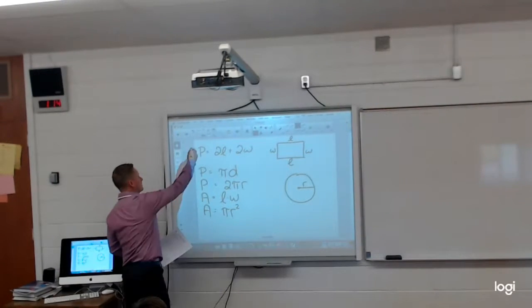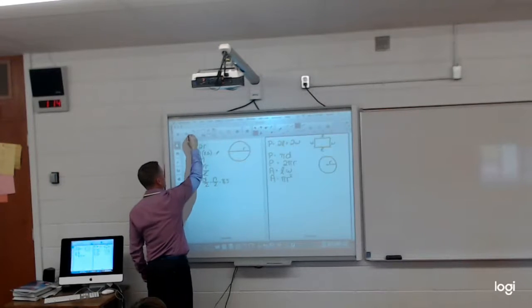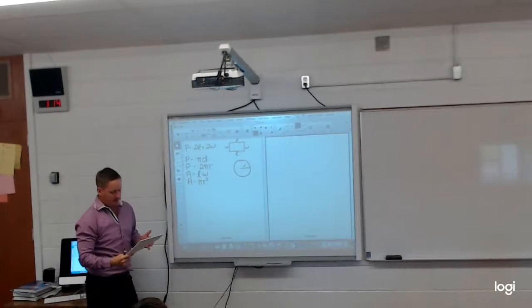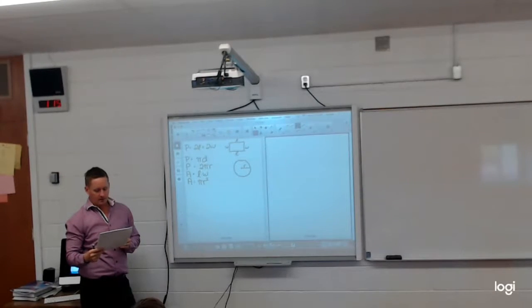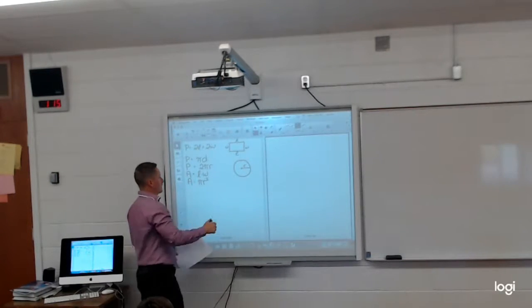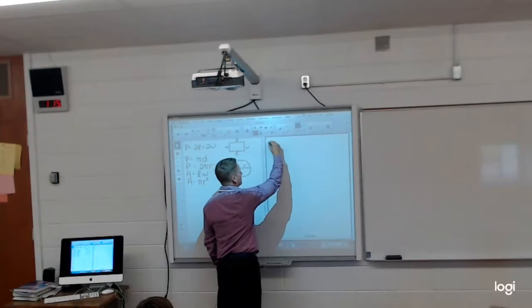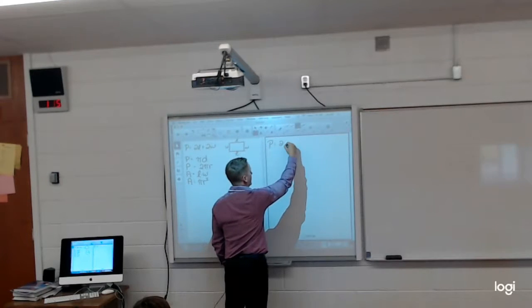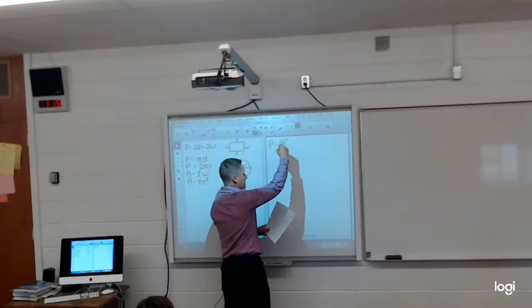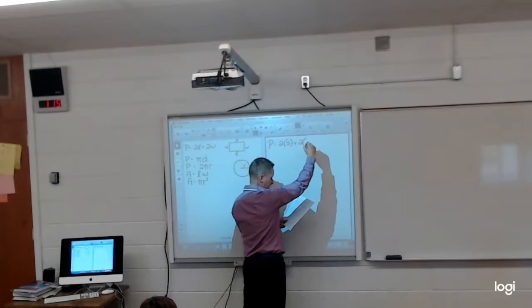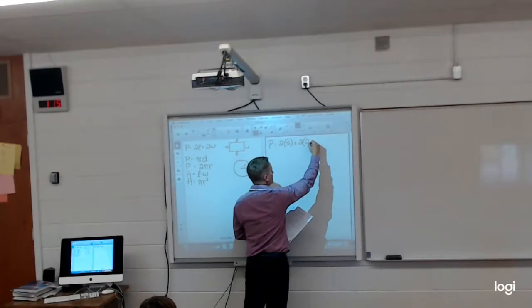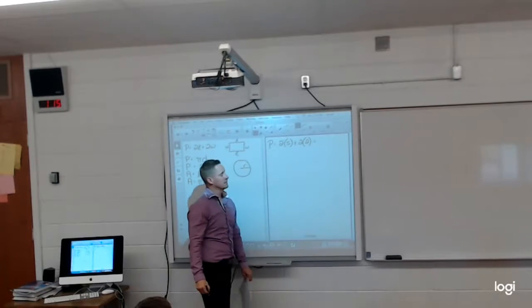So now, I'm going to calculate the perimeter, area, or circumference. So if L is 5 and W is 2, what is the perimeter of a rectangle? So 2 times L, which in this case was 5, plus 2 times the width, which is 2, which gives us how much?